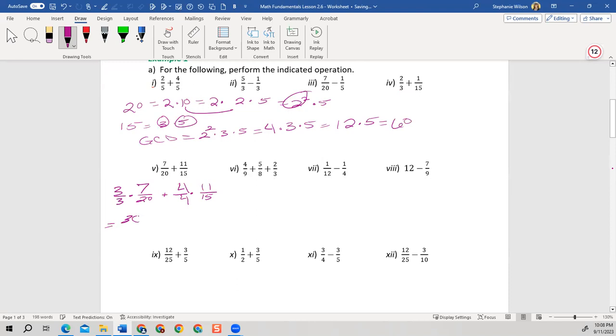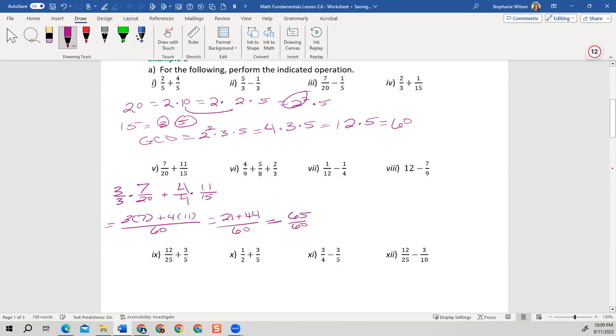I'm going to rewrite this. I got 3 times 7 plus 4 times 11, all over 60. 3 times 7 is 21, plus 4 times 11 is 44, over 60. And now 21 plus 44 gives me 65 over 60.